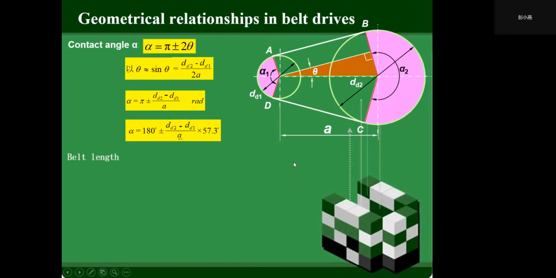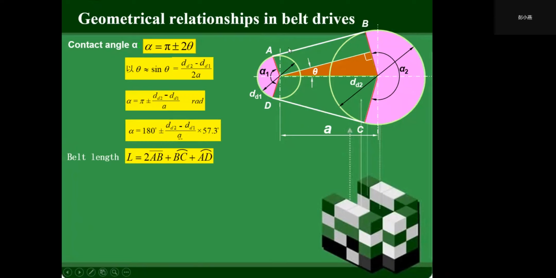And the belt length. The total belt length is the length of AB plus the length of arc BC plus CD and plus the length of arc DA.